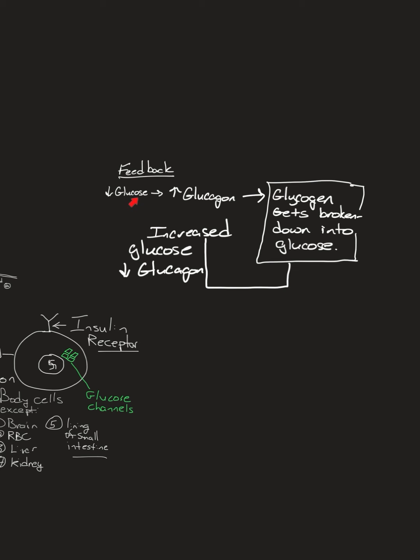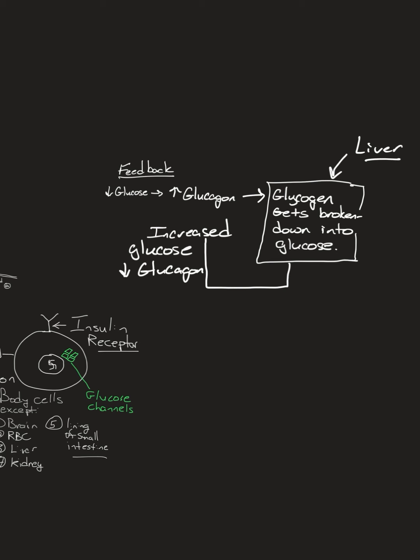The glucose goes down, which leads to increased glucagon as glucose in the blood level goes down. As you don't eat, you go through periods of fasting. Glucose goes down, glucagon goes up. That releases your glycogen that you have stored in your liver. This glycogen is stored in your liver, and we've mentioned that previously as well. In your liver, you have stored glycogen.